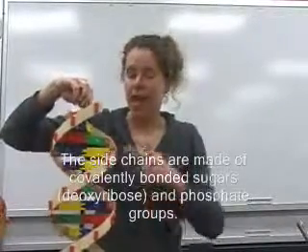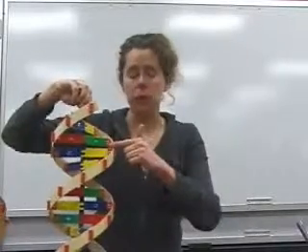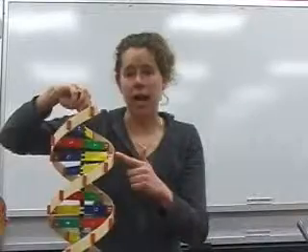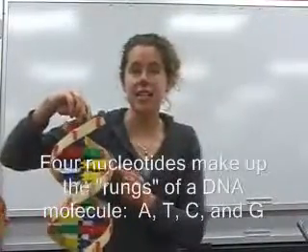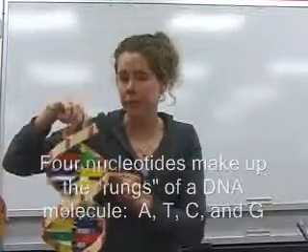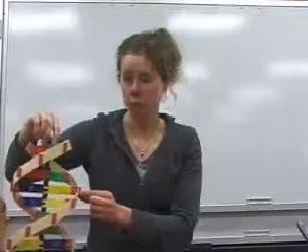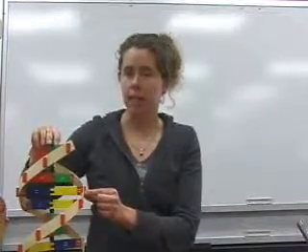In addition, hanging off each one of the sugars in my sugar-phosphate backbone is what we call a base, a nucleotide, and you've probably heard these referred to as A's, T's, C's, and G's. One of these bases, an A, T, C, or a G, is covalently attached to each sugar in that backbone.